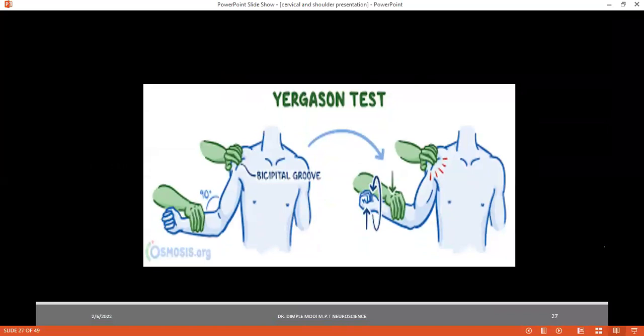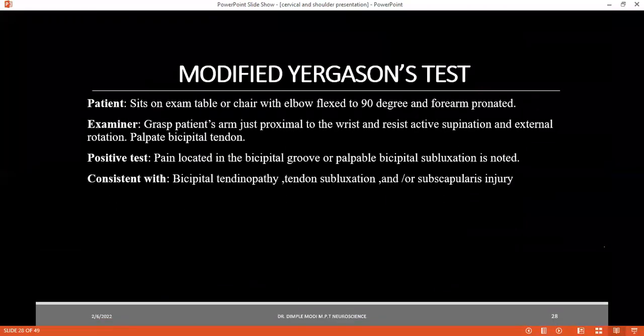So there is one more test known as the modified Yergason's test. In this, you make the patient sit, forearm pronated. Now you have to do 2 movements. You resist while the patient does supination and external rotation. In the first test, we were doing only supination, but in the modified Yergason, you ask the patient to do supination and external rotation also.